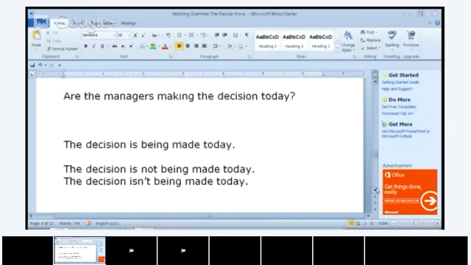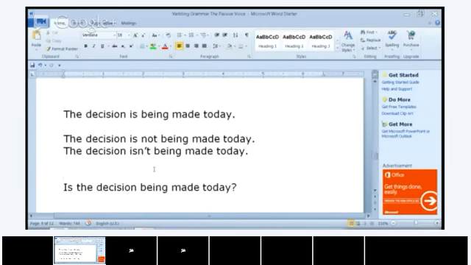So the decision is being made today, is or isn't being made today, and the question, is the decision being made today? All right, excellent. You're putting the focus on what's most important in this situation, depending on the context of the conversation, but the decision is what's important.